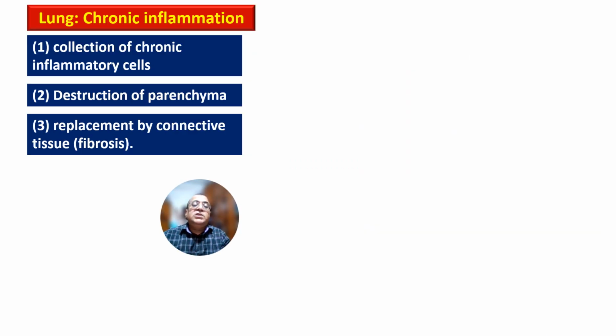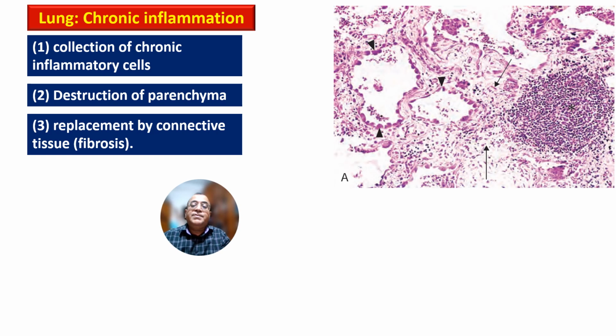So the morphological features of chronic inflammation are evident in this picture, that are chronic inflammatory cell collection, destruction of the parenchyma, and there is replacement by connective tissue or fibrosis.